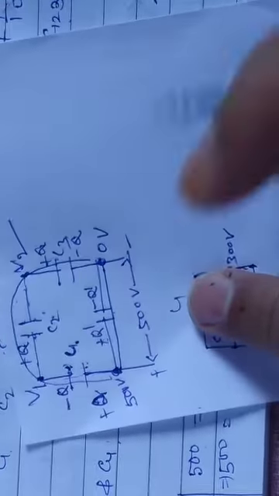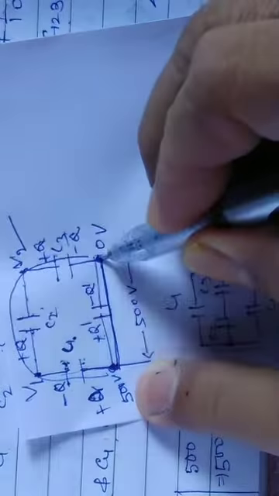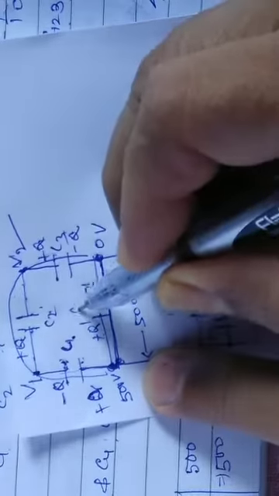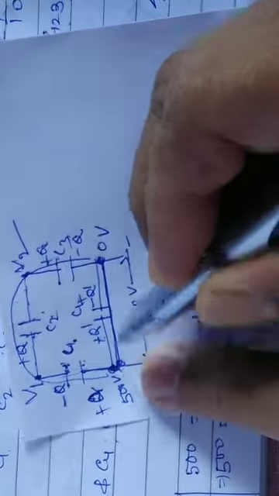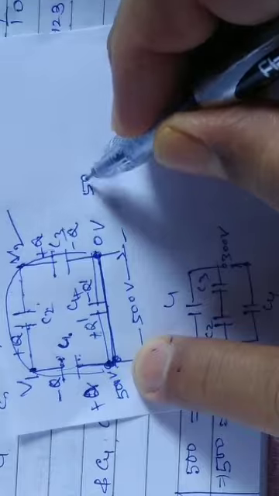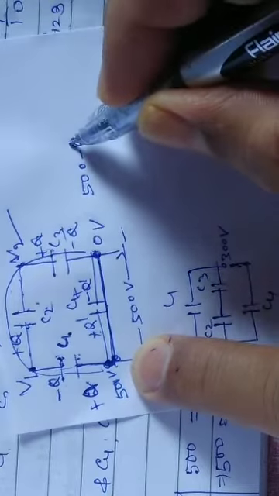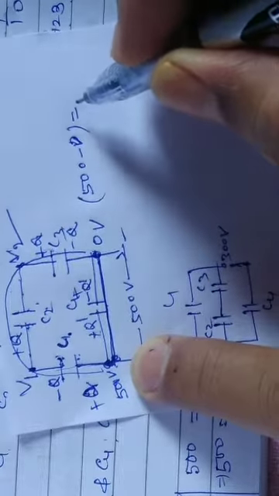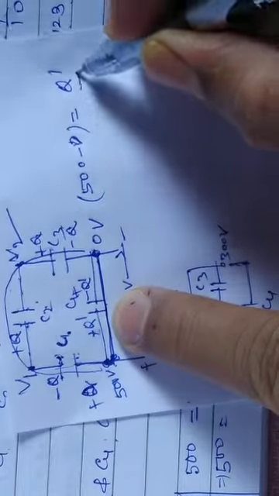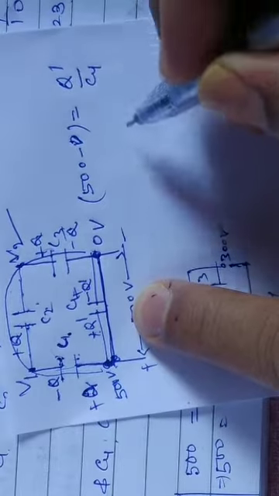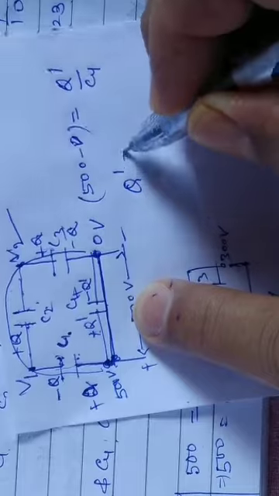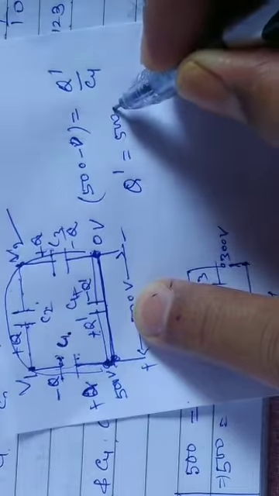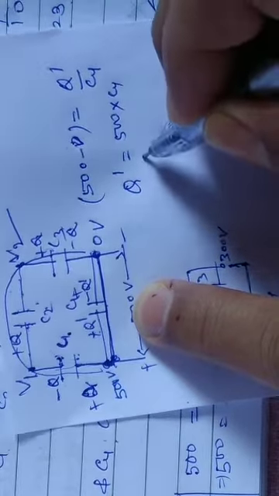Now in this arm, what is the potential difference across C4? It is 500 minus 0, which is equal to the charge Q dash by C4. So Q dash is 500 into C4.